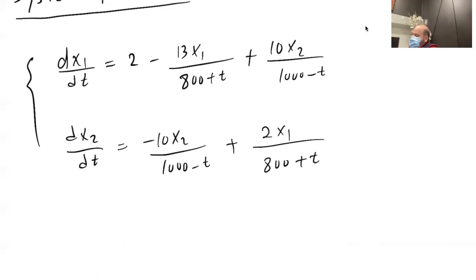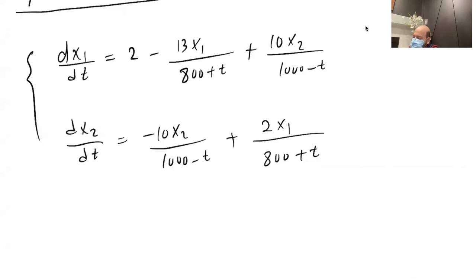So these are the two ODEs with two unknown functions, x1 of t and x2 of t, which denote the amount of salt at time t in tank 1 and tank 2 respectively.